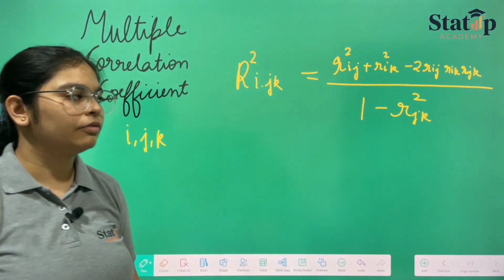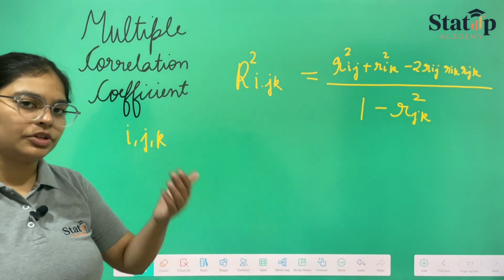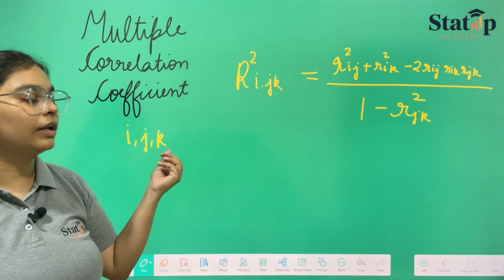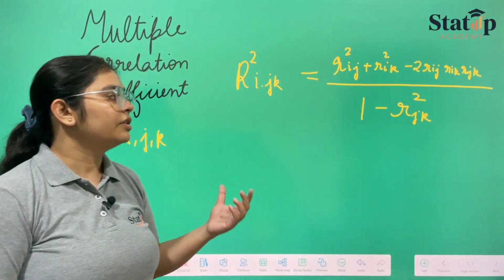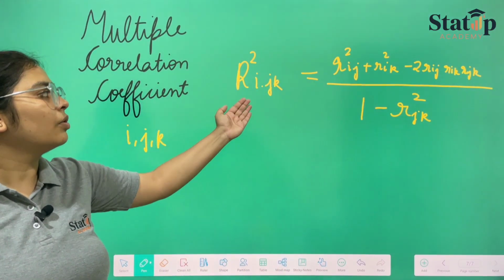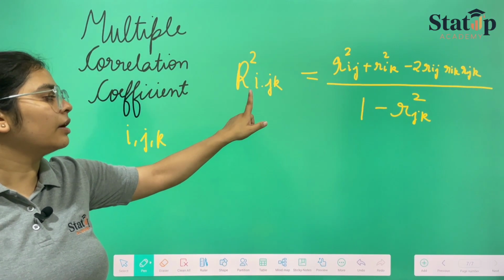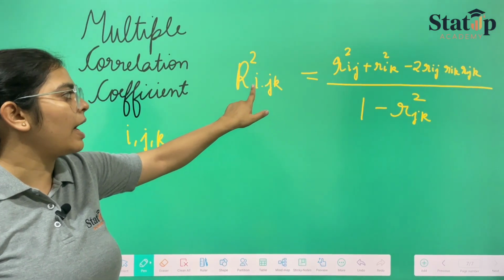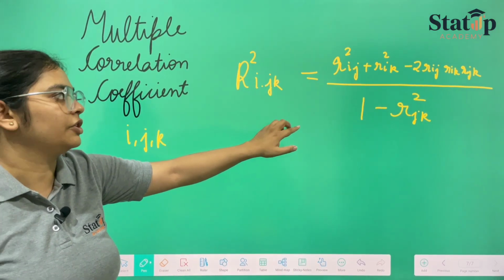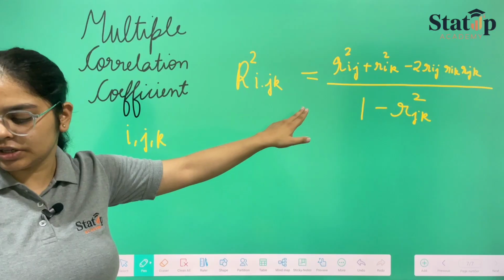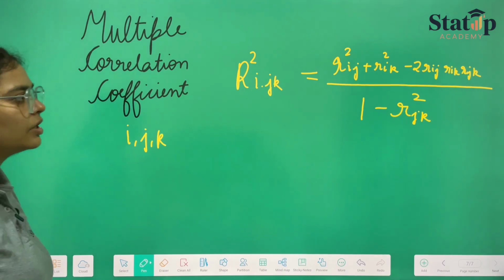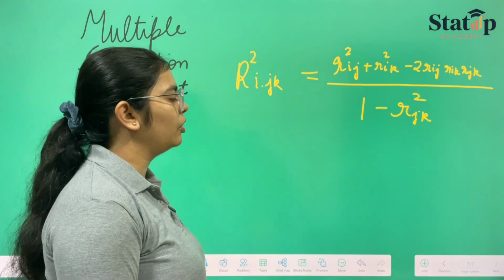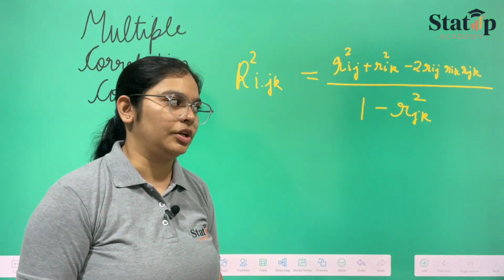This is the formula for our multiple correlation coefficient. It is a bit difficult, but if you know the formula, then you can solve it within seconds in the examination. This formula is very important. R square i dot jk means i has the effect on j and k. So this is the multiple correlation coefficient, which is r_ij square plus r_ik square minus 2 r_ij r_ik r_jk upon 1 minus r_jk square.